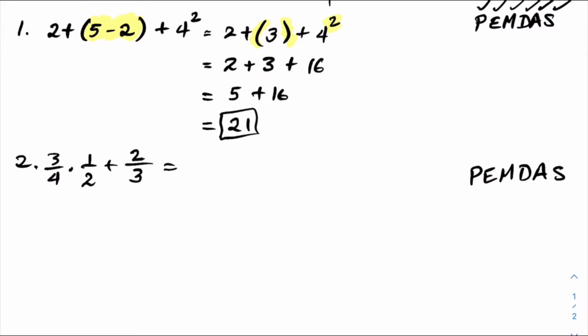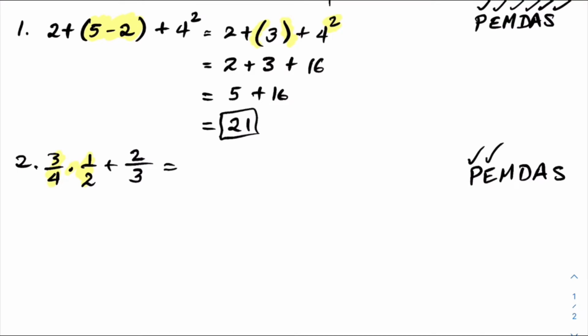Here we have a bunch of fractions, so we can check off parentheses because there are no parentheses, there is no exponent, there is multiplication here between these two. So that's what we're going to do first.